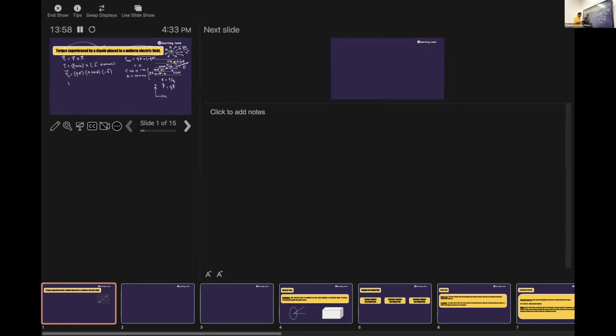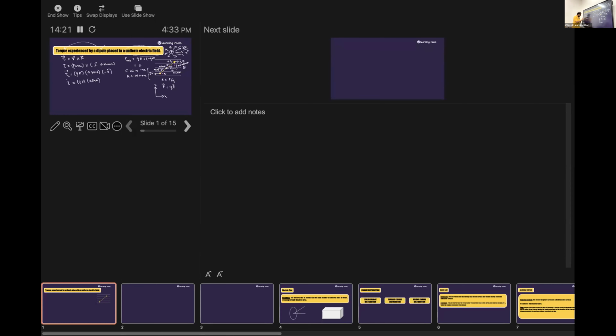So what about the torque that is acting due to the negative charge? It is force into perpendicular distance. So force is again QE. You should not take minus QE because you have already assigned the direction. So QE into A sin theta.